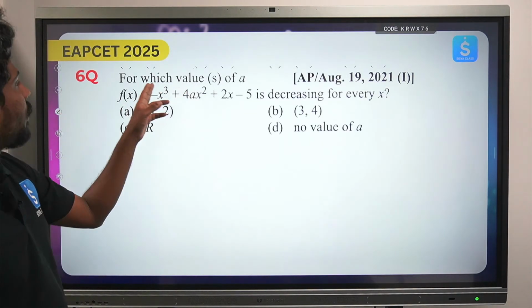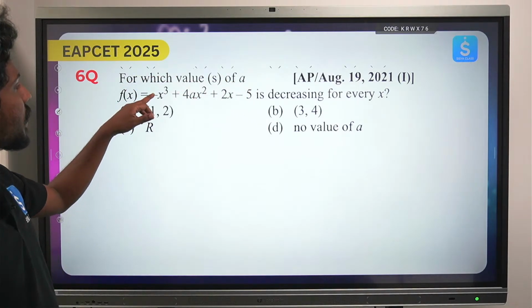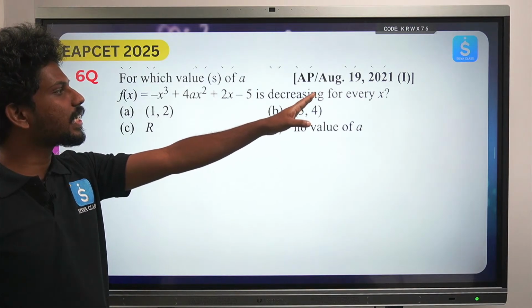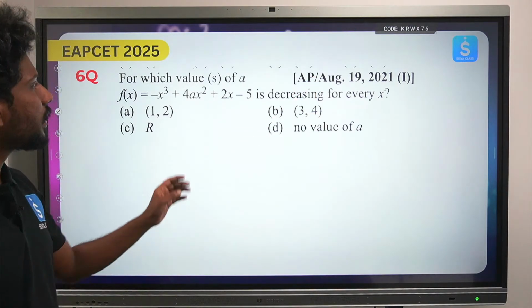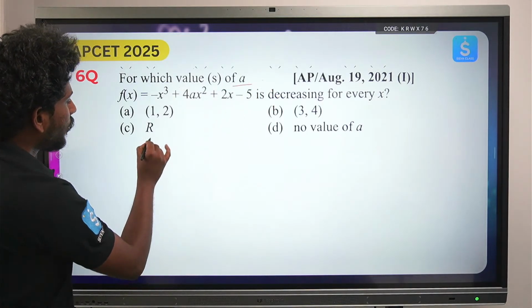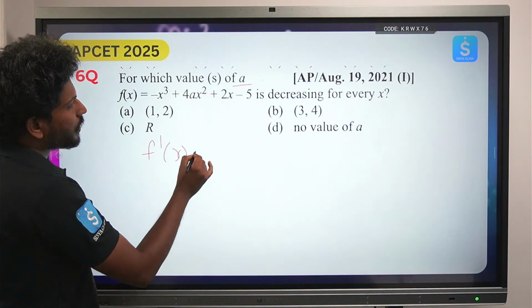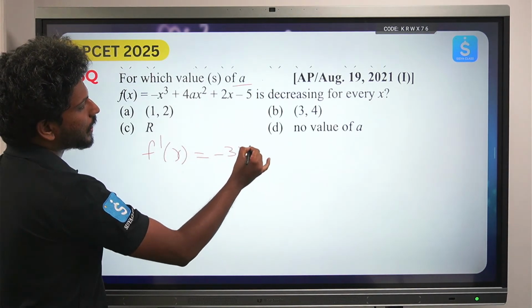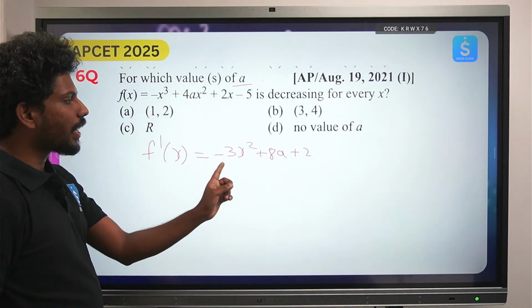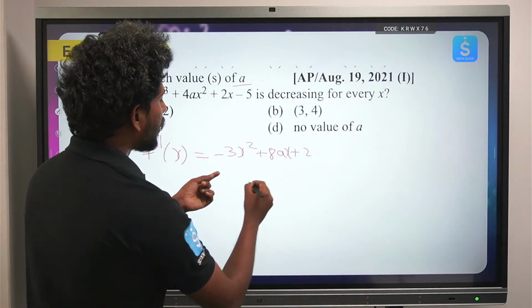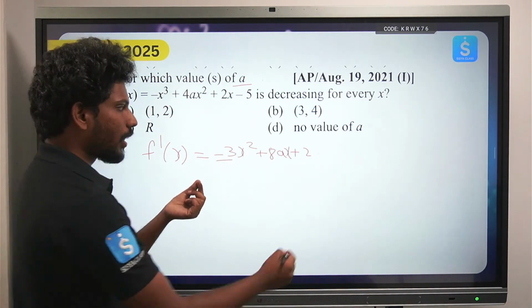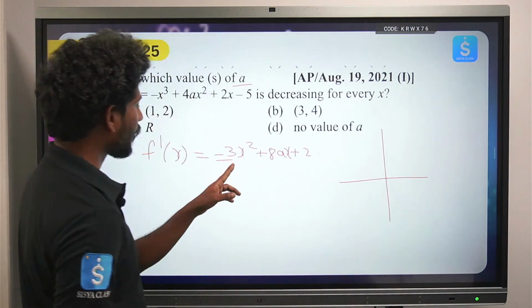Now see the next one: for which values of a is f of x equals minus x cube plus 4a x square plus 2x minus 5 decreasing for every x? ప్రతి ఒక్క x values కి, for which values of a. So మళ్ళీ ఏం చేయండి, f dash of x is equal to minus 3x square plus 8a x plus 2. సో ఇక్కడ చూస్తే if you take the coefficient of x square, again it is less than 0.